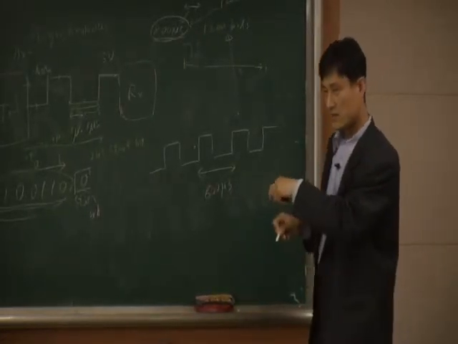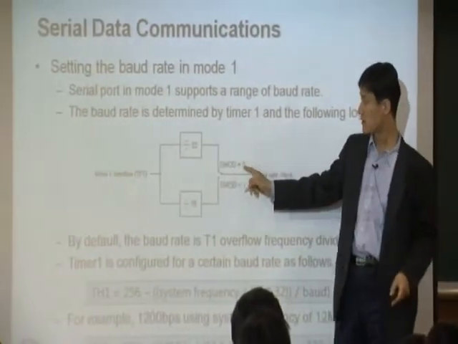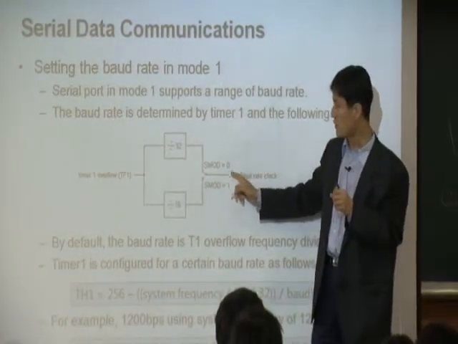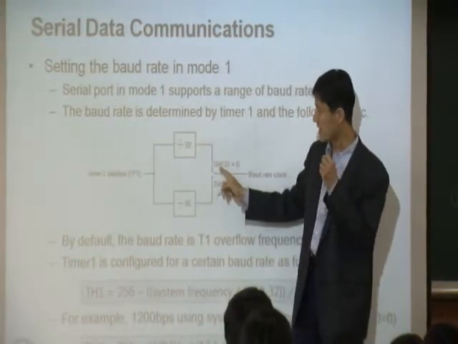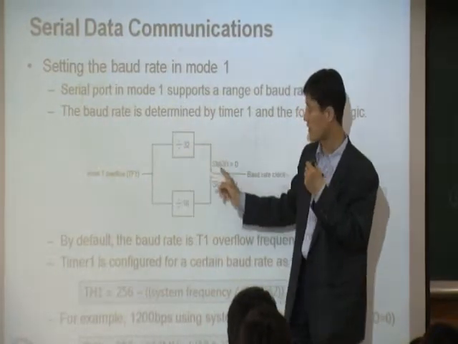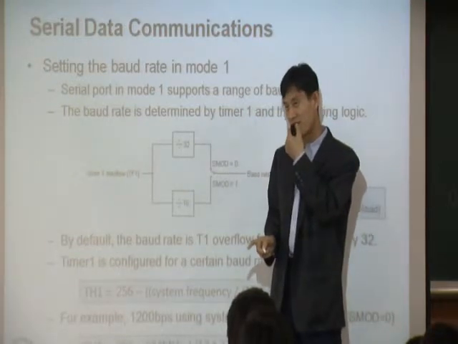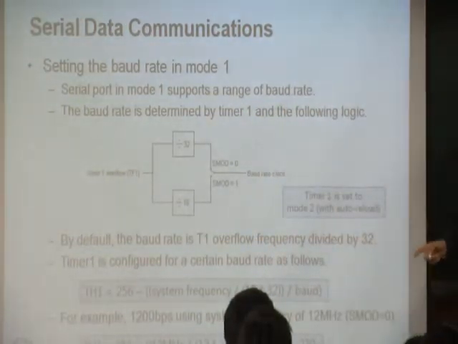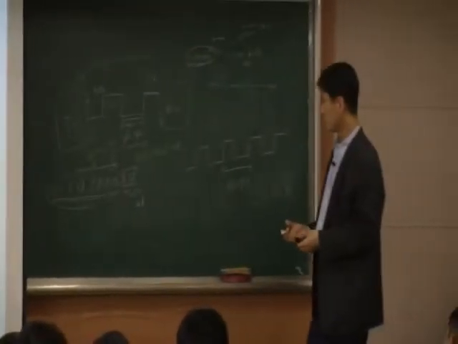In order to get this here, suppose now we use this hardware. Let's say we set S mode equal to 0. This is what we have in hardware. So what do you need here? Right here, you need a delay of 800 microsecond.